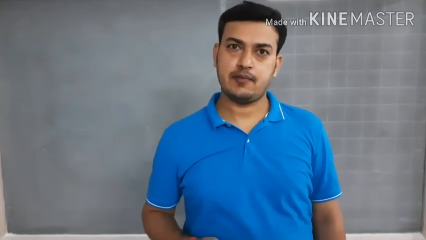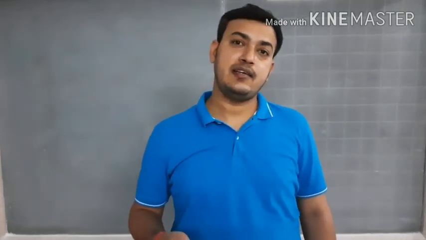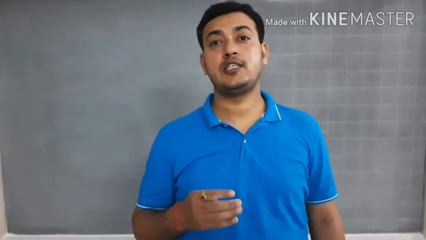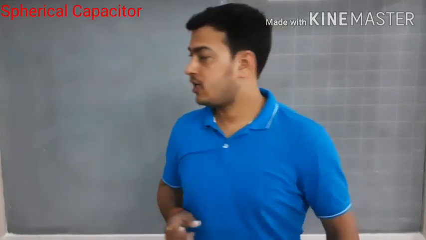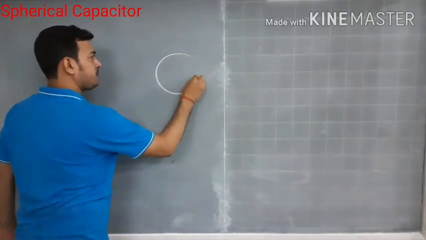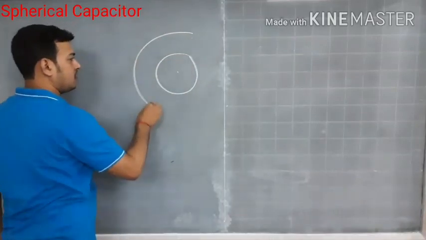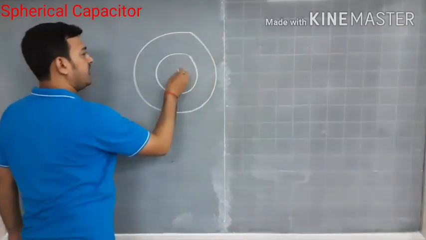So we have an idea how to find out the capacitance of a conductor, capacitance of a parallel plate capacitor, and we will utilize this idea to find out the capacitance of a spherical capacitor. For a spherical capacitor, we have two concentric shells with different radii.